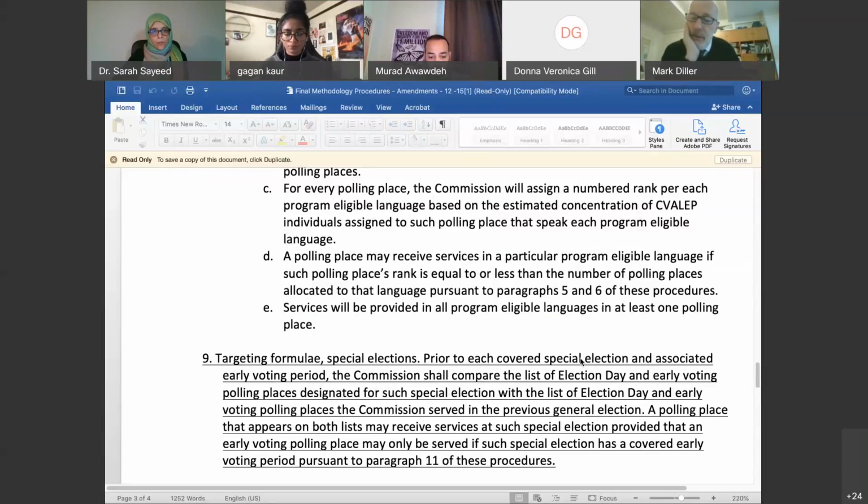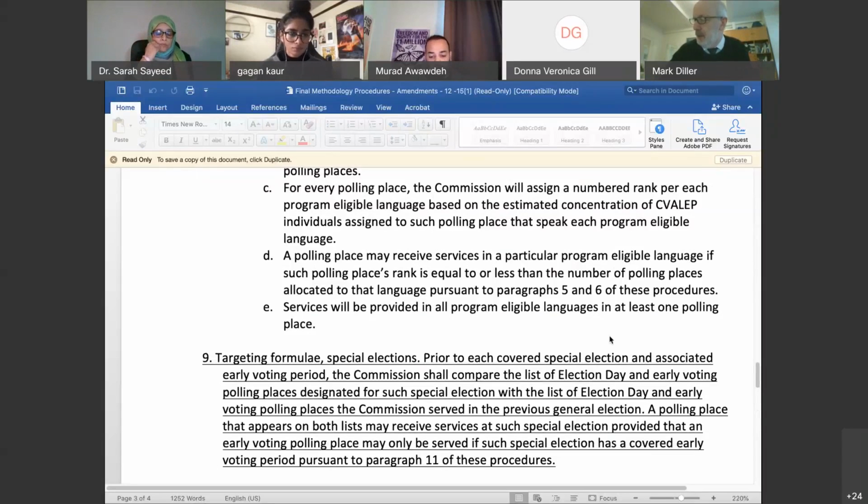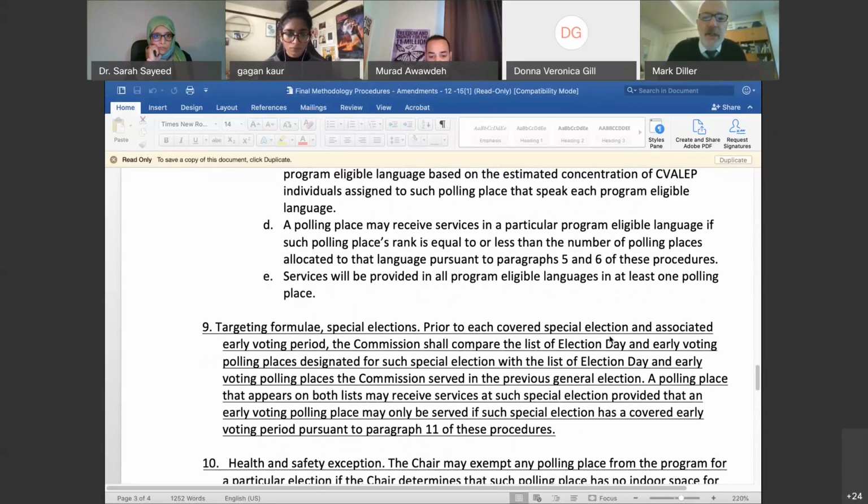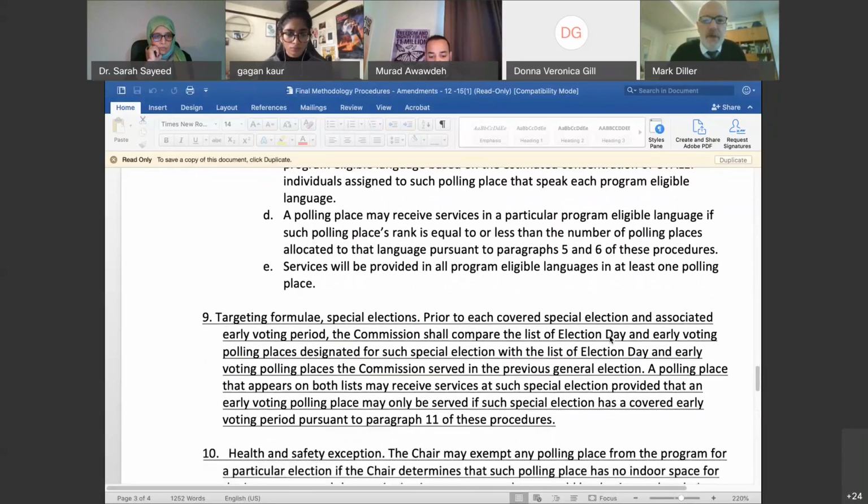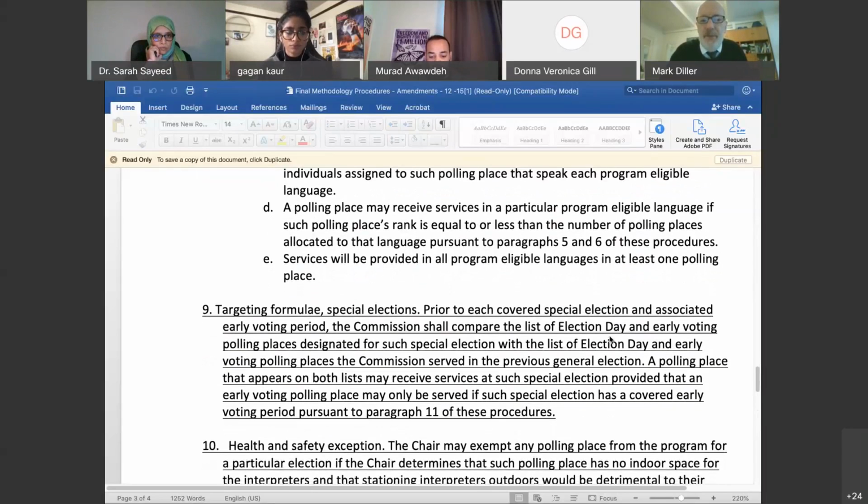So I have no issue with adjusting the methodology and formula to be dependent upon deferral to the chair's discretion on budgetary matters. I guess what stood out to me in paragraph 9, and maybe it applies to 11 as well, is that essentially it says that we don't cover a special if we didn't cover the general.